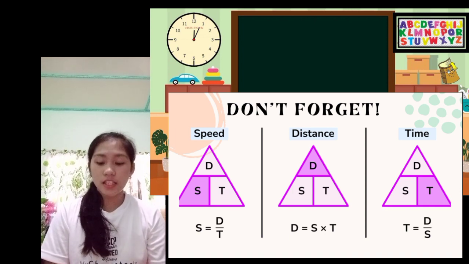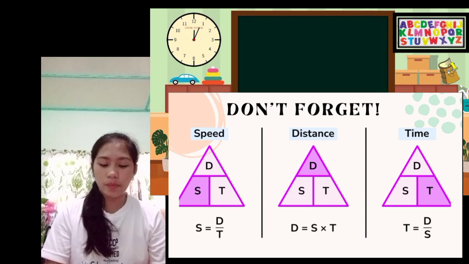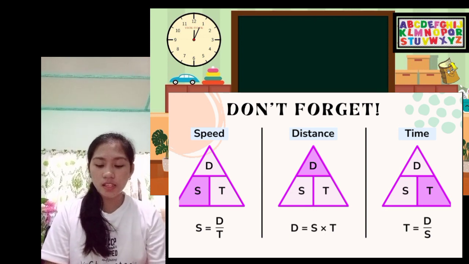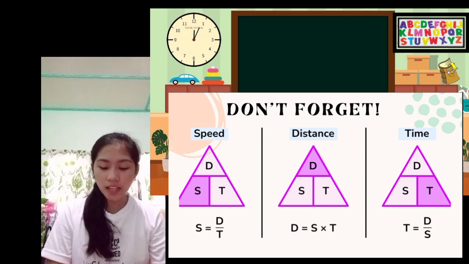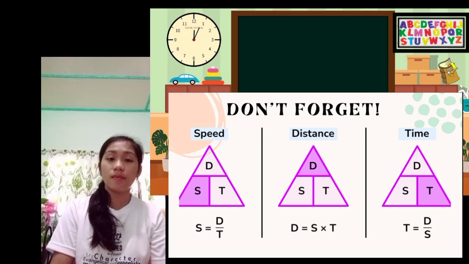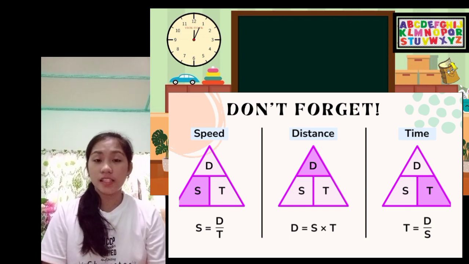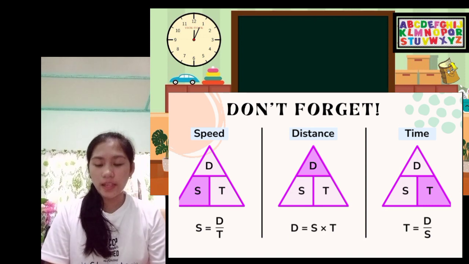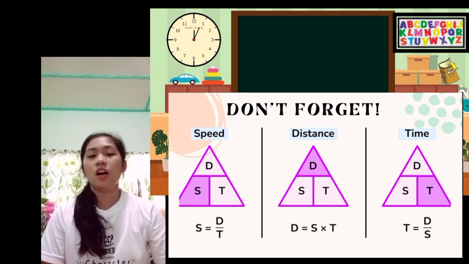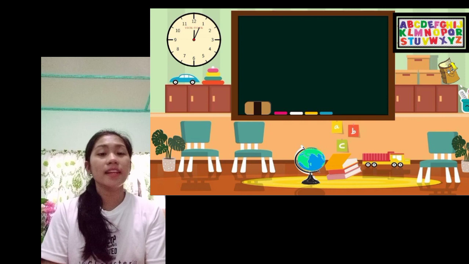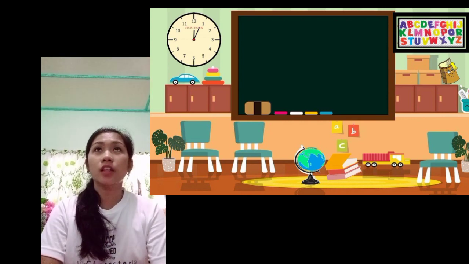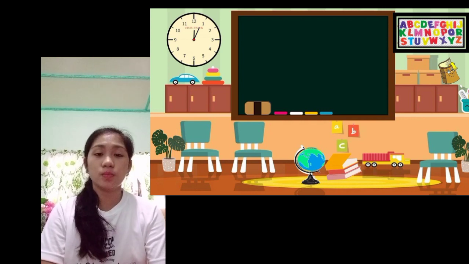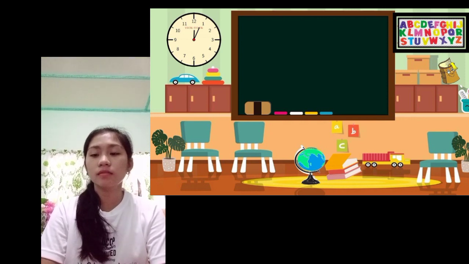This is the formulas: speed equals D divided by time, time equals distance divided by speed, and the last is distance equals speed times time. Okay, so any question, class, before we proceed to our activity?